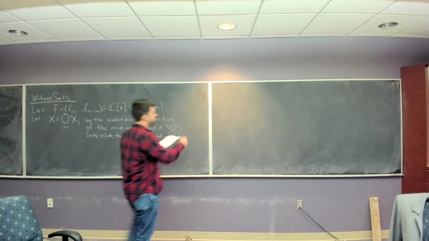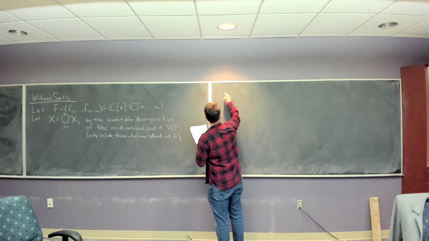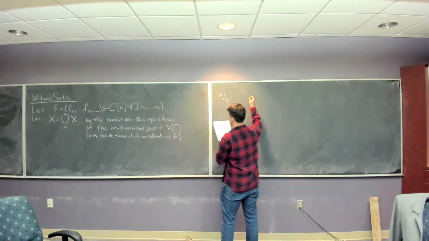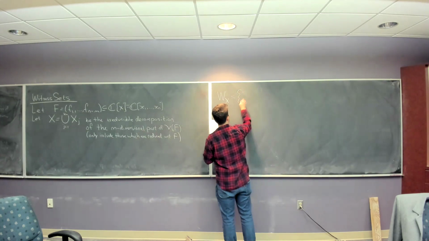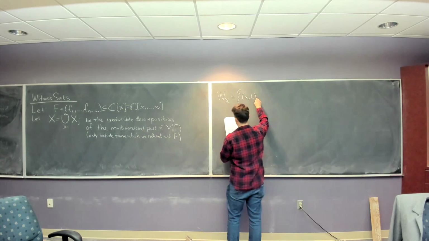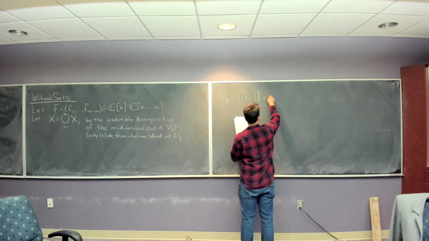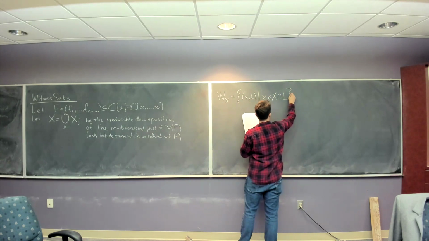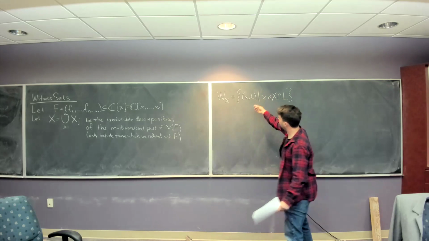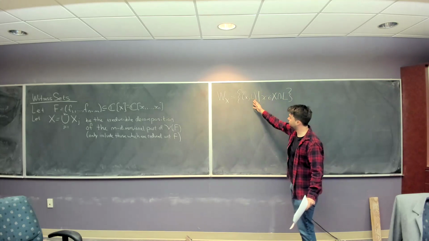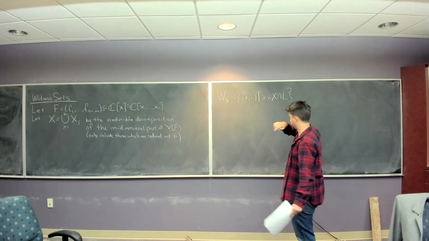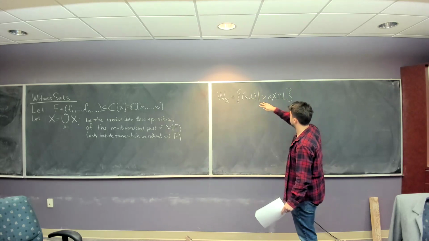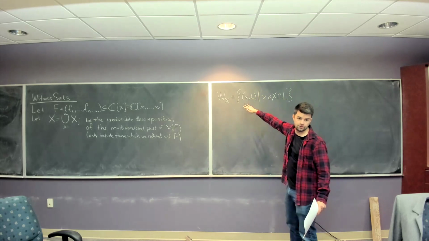Okay, from this, we're going to define the so-called witness branch cover, which just tracks all the pairs of points and linear spaces of complementary dimension to x in an incidence variety here.